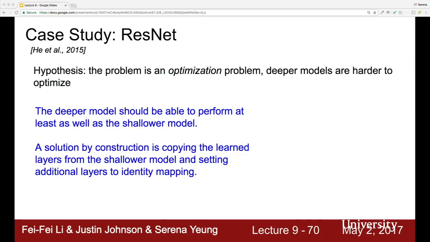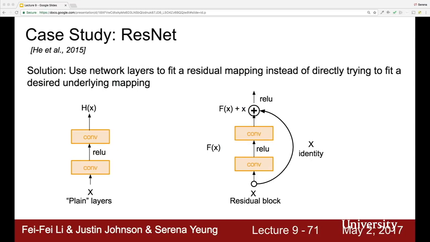Motivated by this, their solution was: how can we make it easier for our model to learn these kinds of solutions, or at least something like this? Instead of stacking all these layers on top of each other and having every layer try to learn some underlying mapping of a desired function, let's have blocks where we try to fit a residual mapping instead of a direct mapping.